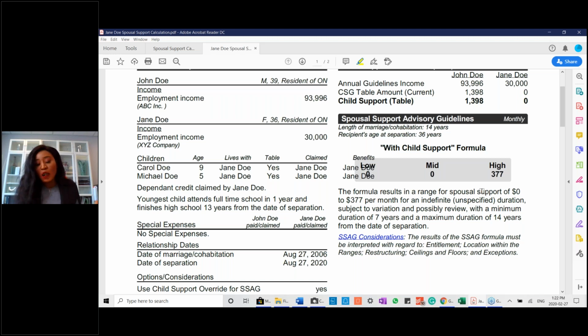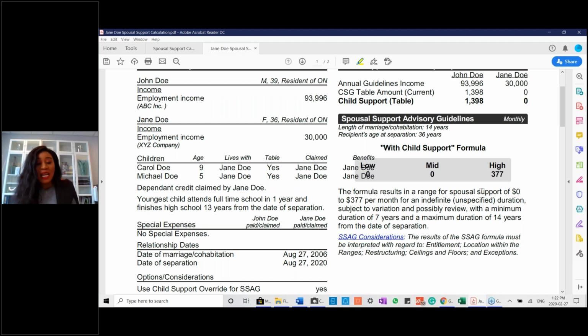So if the courts find, or if the factors point to, Jane only being entitled to spousal support in the mid-range, then that means she gets 0, right? But it doesn't mean she doesn't have entitlement to spousal support. In this case, it's pretty clear that Jane would likely be entitled to spousal support because it was a 14-year marriage, and now she still has to take care of the children even after separation.